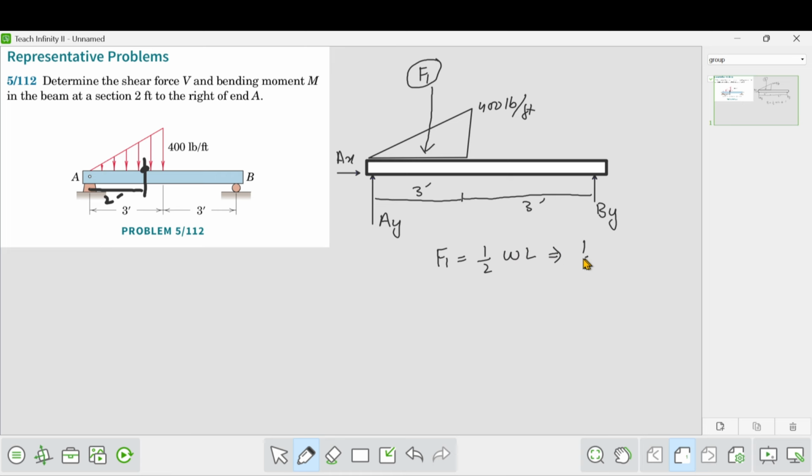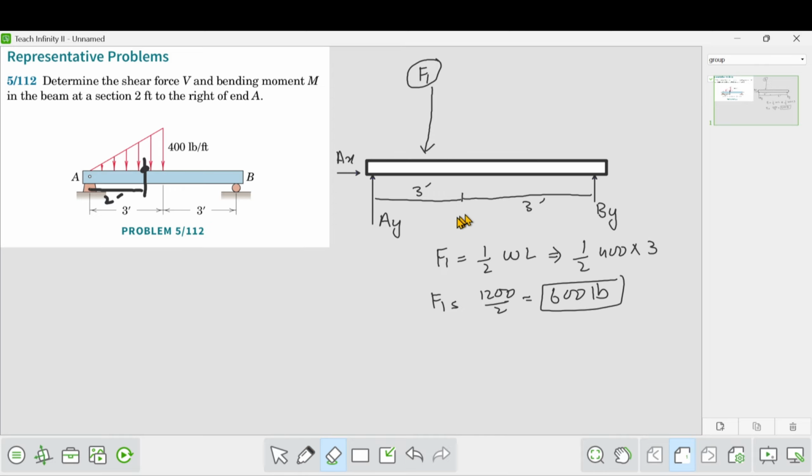So 1 divided by 2, W is 400, multiplied by L, which is 3 feet. So F1 is equal to 1200 divided by 2, which is 600 pounds. So this UVL will be removed and I convert it into a point load F1, which is 600 pounds.